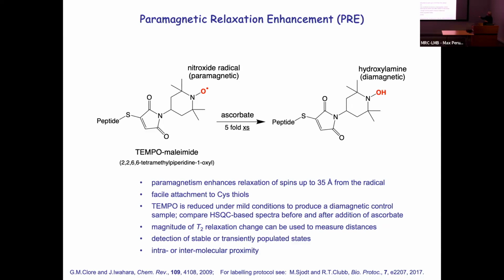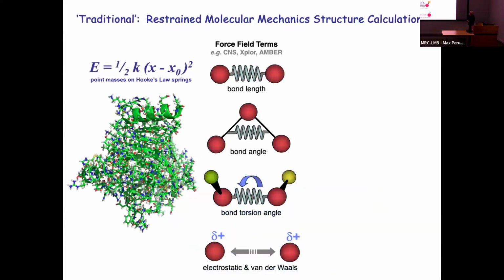If we then add ascorbate, we can reduce this nitroxide into a diamagnetic hydroxyl, and that acts as our control. So in other words, we measure the effects on the spectrum before and after the addition of ascorbate, and that gives us a lot of information, as with FRET labels, as to what spins are within proximity of this paramagnetic label. So it's called paramagnetic relaxation enhancement.